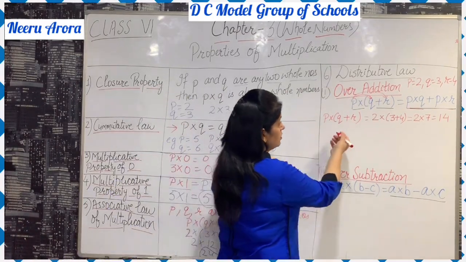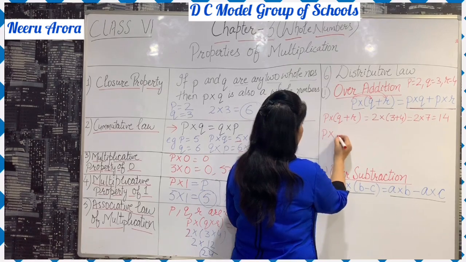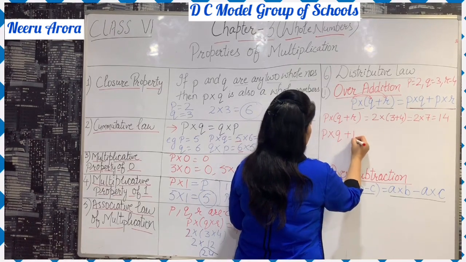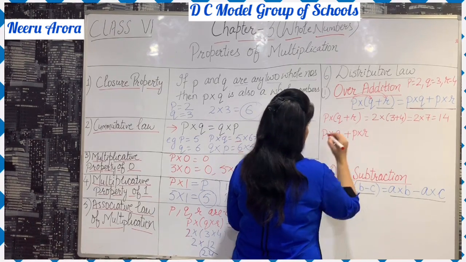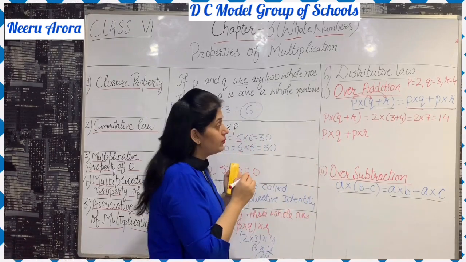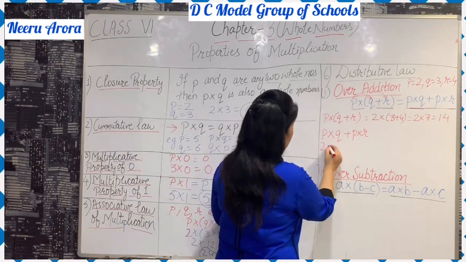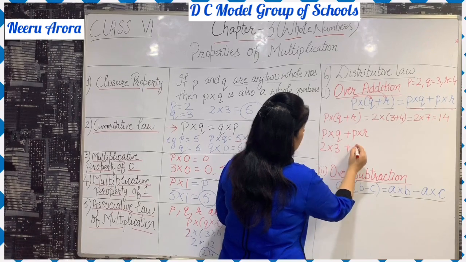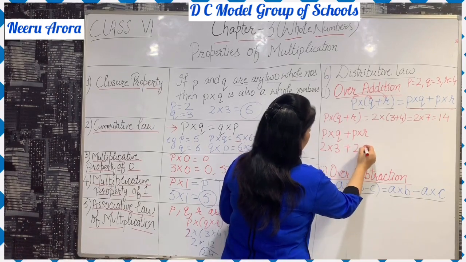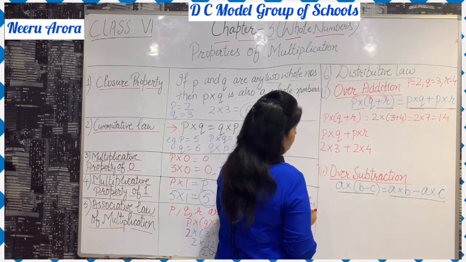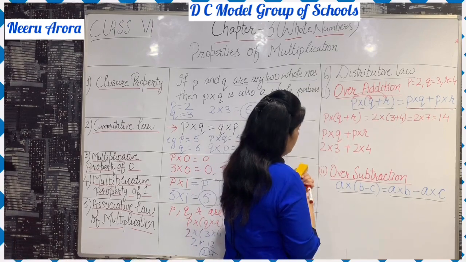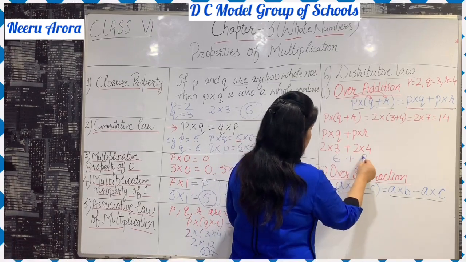Now what about the right hand side? P into Q plus P into R. What is our P? P is 2. 2 multiplied by 3 plus 2 multiplied by 4. So here we get 6 plus 8.